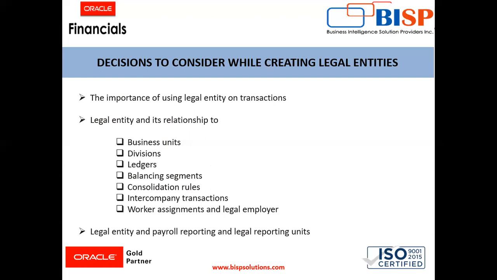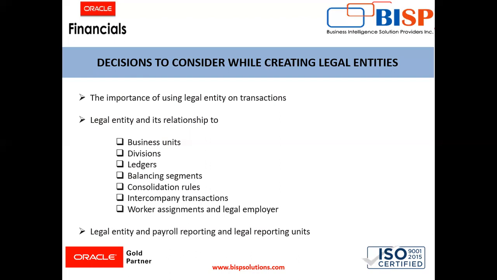Divisions come over the legal entities. So say there are 4 legal entities and 1 division. These 4 legal entities will be responsible for 1 division. However, these two are independent concepts in the Oracle Fusion applications.